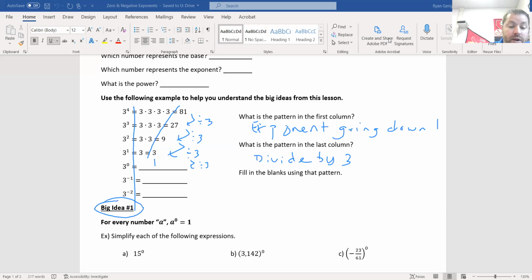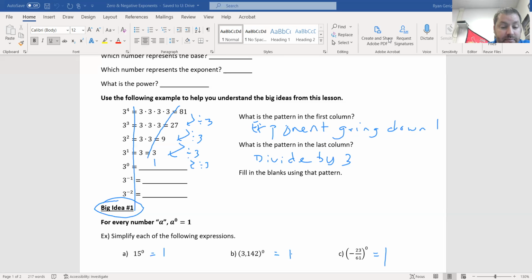For every number a, so literally any number, any base, that base to the 0 power equals 1, not 0. So very simple here. 15 to the 0 power is 1. 3,142 to the 0 power is 1. Negative 23 over 61 to the 0 power is 1. Okay, hopefully you got that idea.